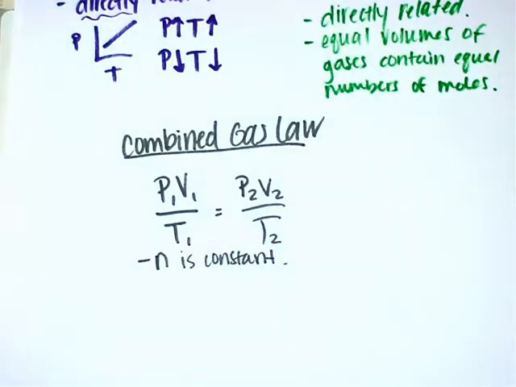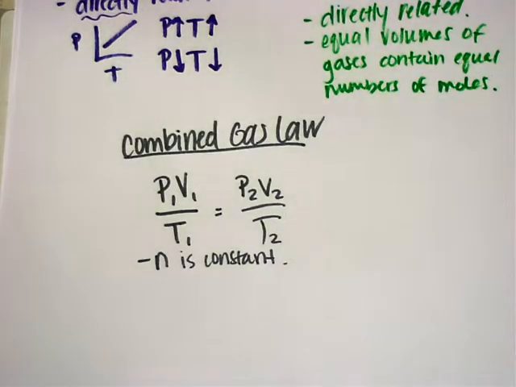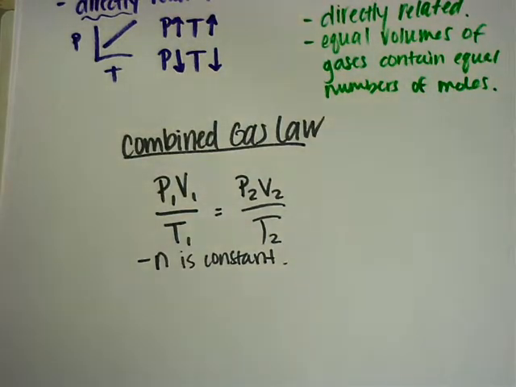Okay. So these are our 5 laws that we're going to use to help us complete tonight's homework assignment. So I'm going to go ahead and hand that out right now. And then we're going to work through a couple together so we can see what needs to be done.